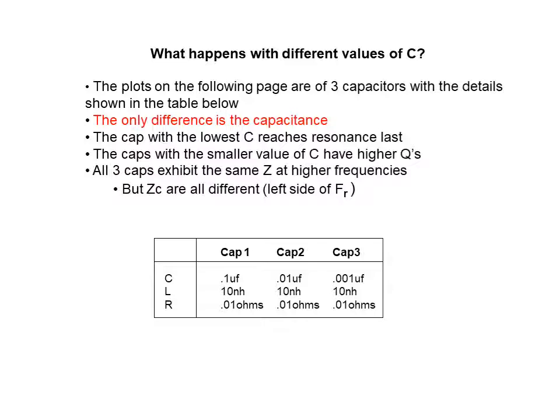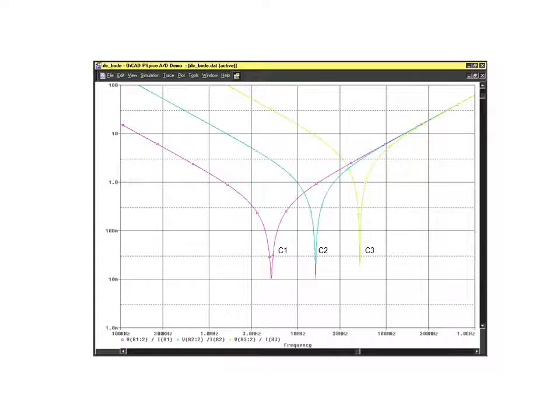In this plot, the three capacitors exhibit the same impedance at higher frequency, but the capacitive impedances are all different on the left side of the resonance frequency, as you see in the plot.